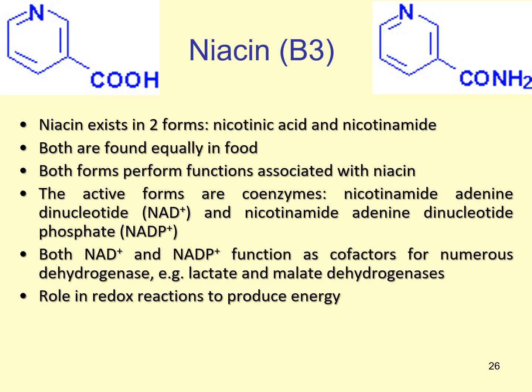These are the active coenzymes for this vitamin. Both NAD and NADP function as cofactors for numerous dehydrogenases, for example lactate and malate dehydrogenase, and their role is in redox reactions, reduction and oxidation, to produce energy.